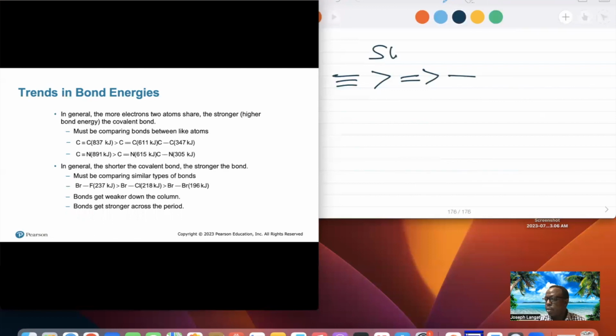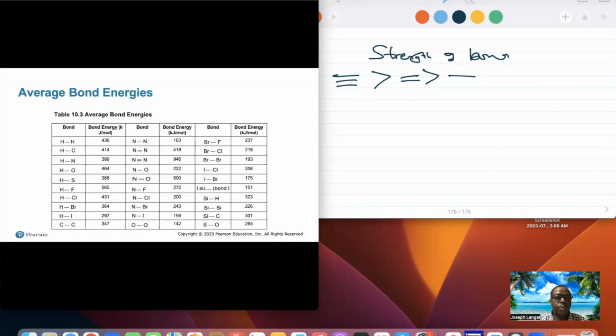This is the strength of the bond. You need to know those trends. You don't need to remember the numerical values; I'm just looking at the trend. Here are the values if need be. I'll give you this in the exam.